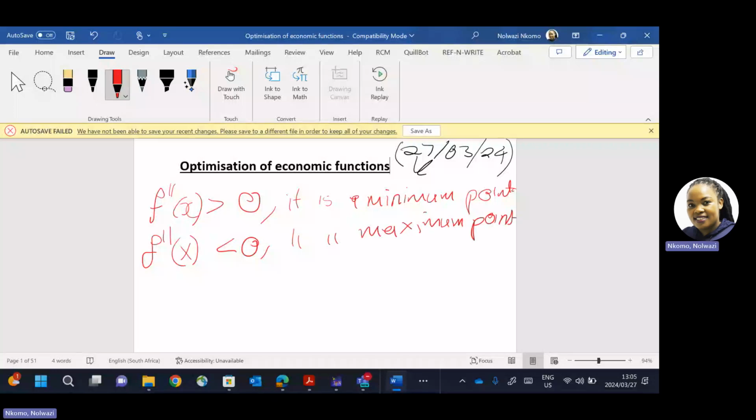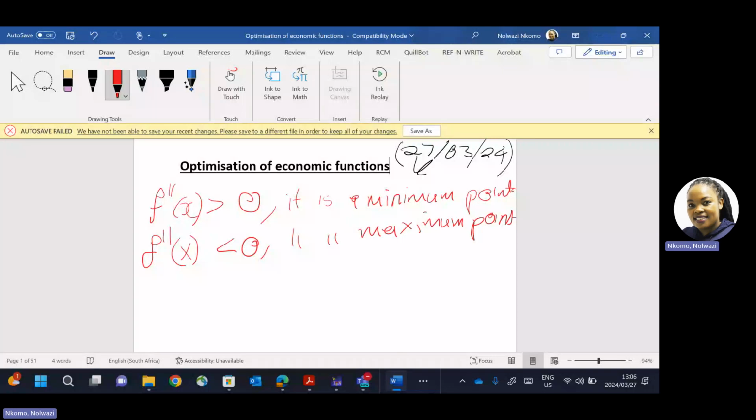First, we said the turning points of a nonlinear function are where the derivative of that given function is 0. And then we said the nature of them: if the second derivative of that given function is greater than 0, then that turning point is a minimum point.